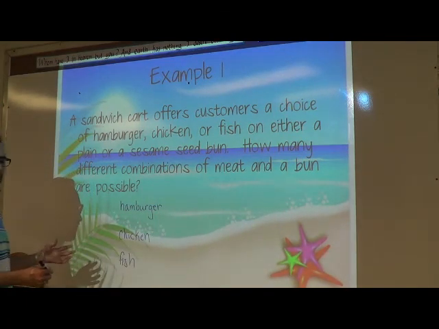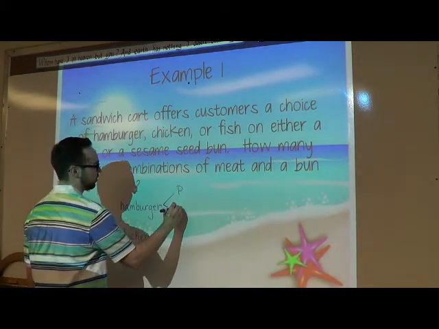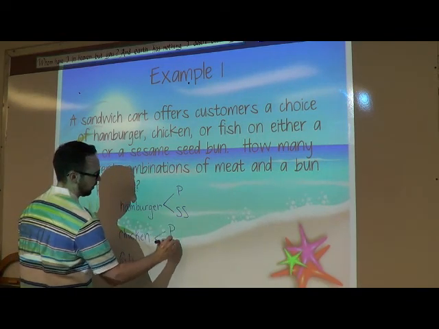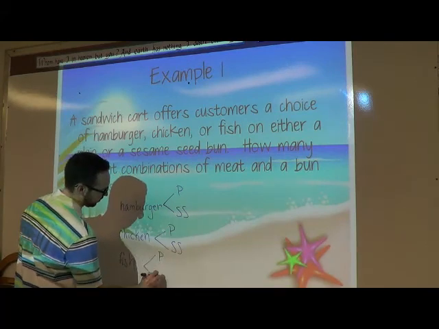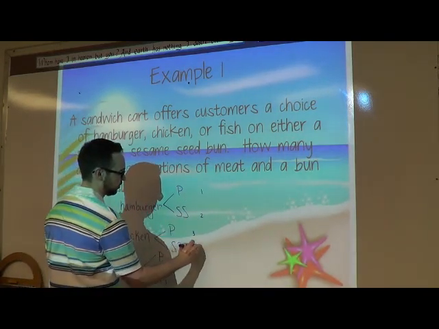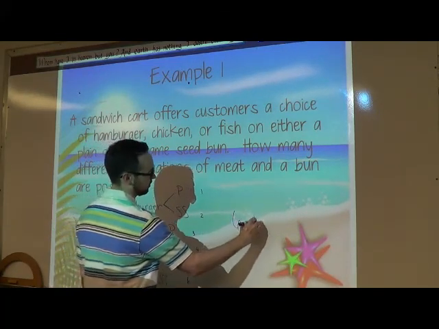Then you can make a tree diagram. On the hamburger, you can have a plain or a sesame seed bun. On the chicken, you could have a plain or a sesame seed bun. And the fish, you could have on a plain or a sesame seed bun. The result is 1, 2, 3, 4, 5, 6 different choices of sandwich.